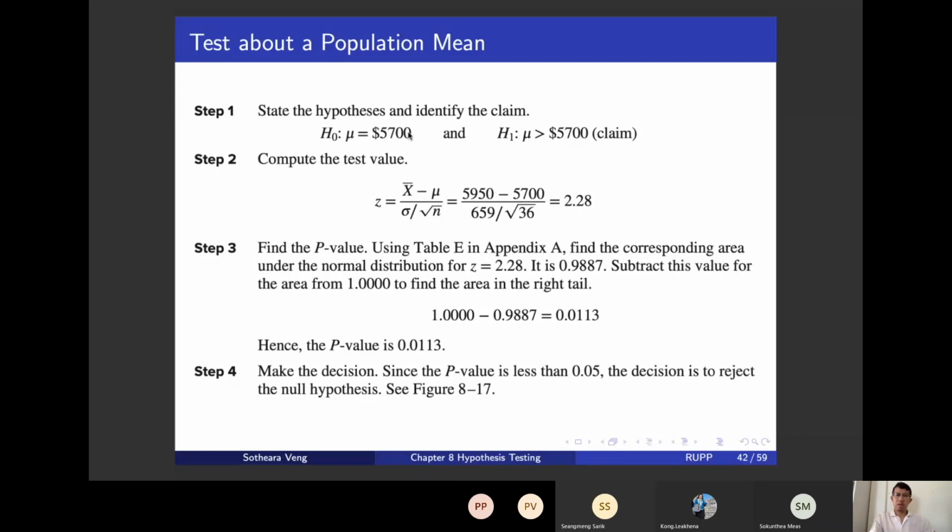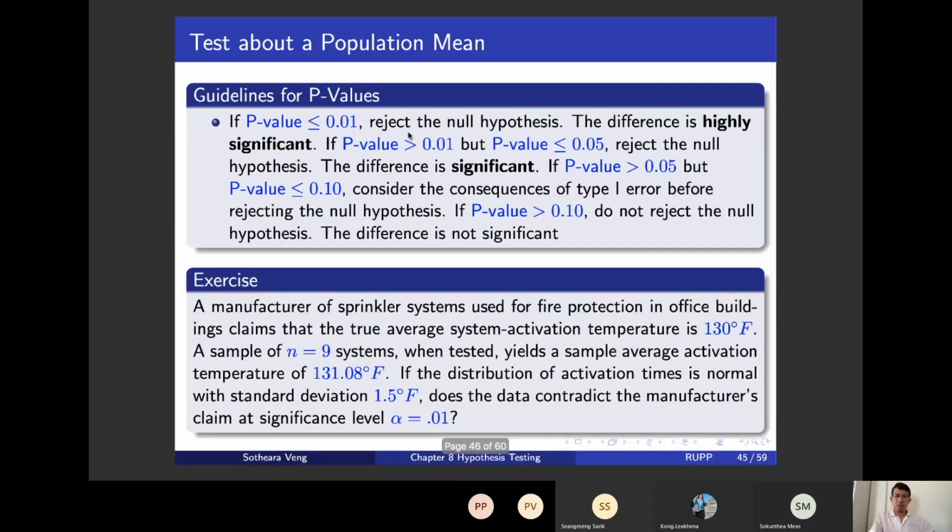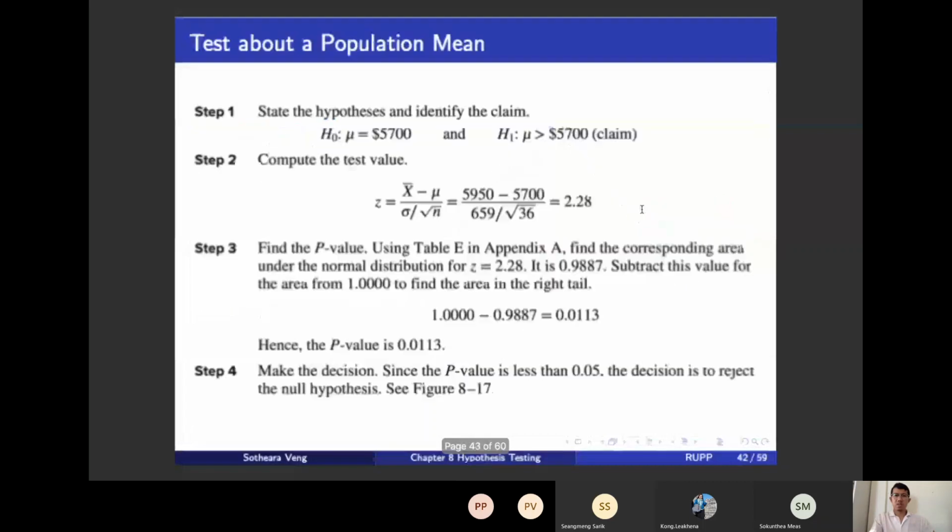Not significant difference means you do not reject the null hypothesis, meaning that the real mean can be something like this, equal to the initial one. Not a significant difference.